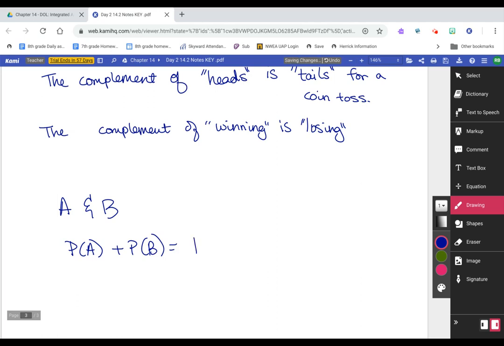And 1, remember, equals 100%. So all of our numbers that we're going to get when we're talking probability are going to be between 0 and 1. You can only get up to 100%. So most of the time, you're going to end up having a decimal or a fraction. All right. This concludes your notes for section 14.2.